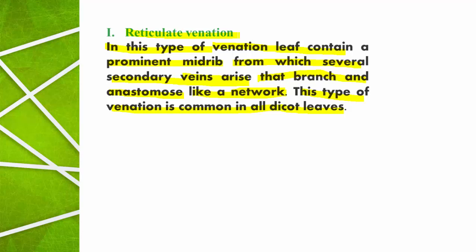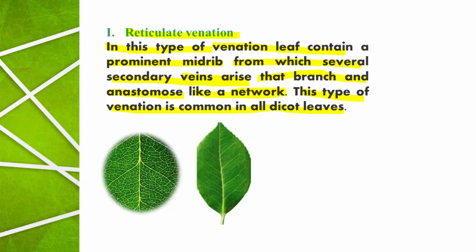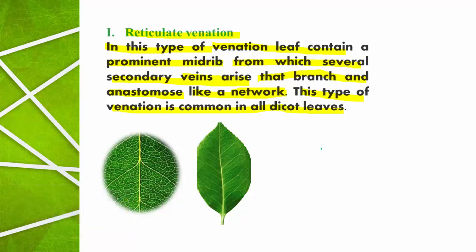So let us have a look at the image of reticulate venation, how it appears from the lower side and how it appears from the dorsal side or upper side. In a dicot, the leaves contain two surfaces. What is a dicot? A dicot is a seed that contains two equal parts.